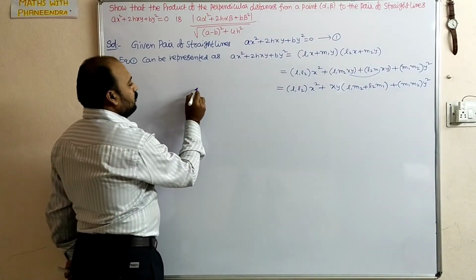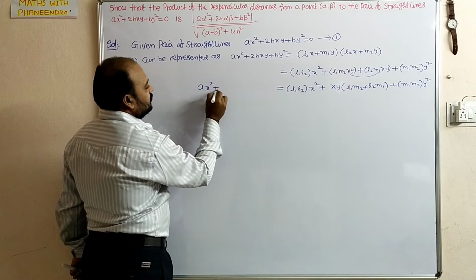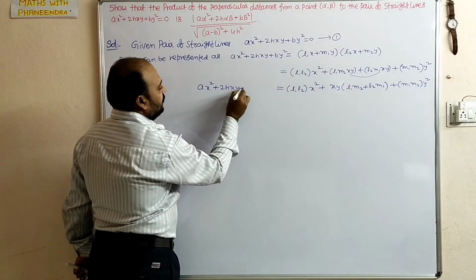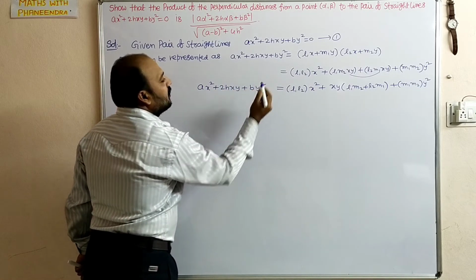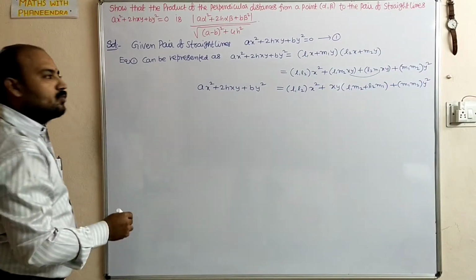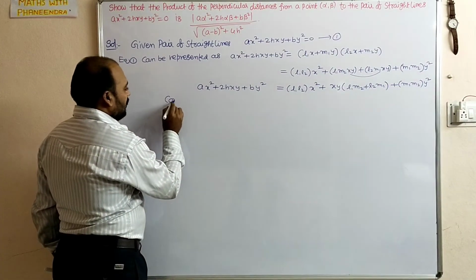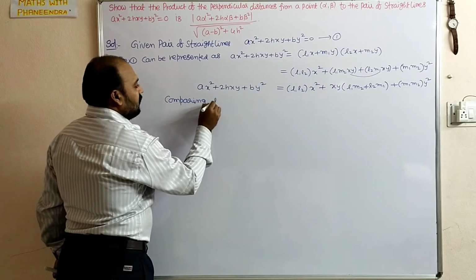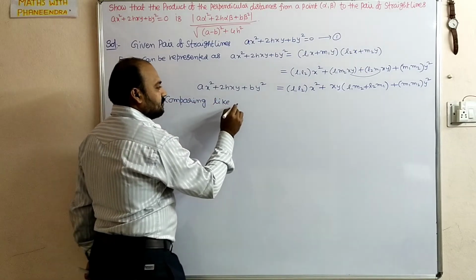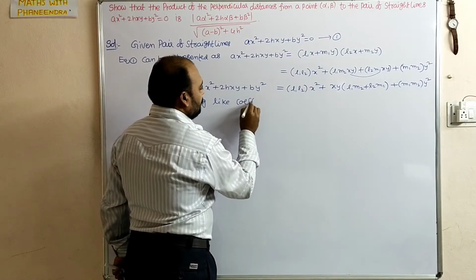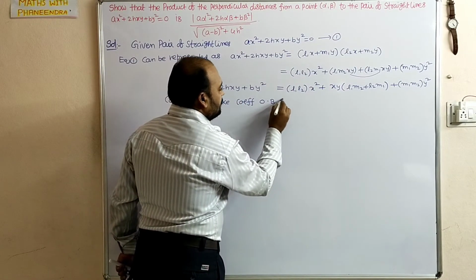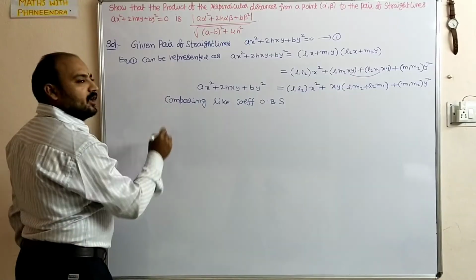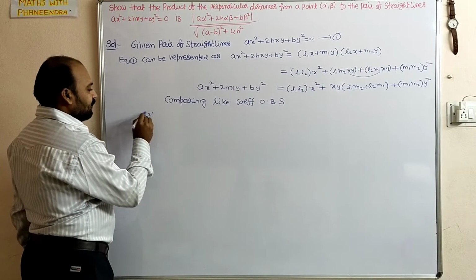This is equal to ax square plus 2hxy plus by square. Comparing like coefficients on both sides. First we are comparing x square coefficients.